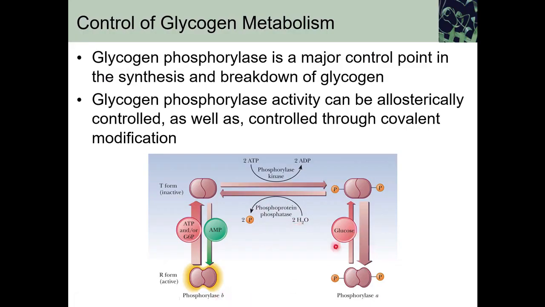So the conversion of phosphorylase A into the T form encourages the dephosphorylation of phosphorylase A by phosphoprotein phosphatase into phosphorylase B. And remember that phosphorylase B primarily exists in the T form, the inactive form.